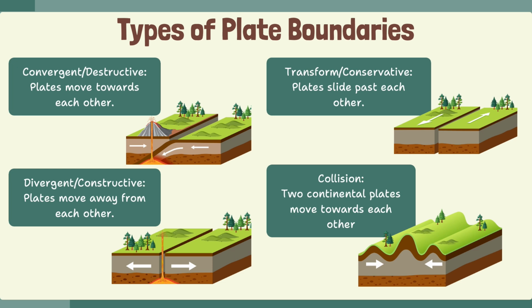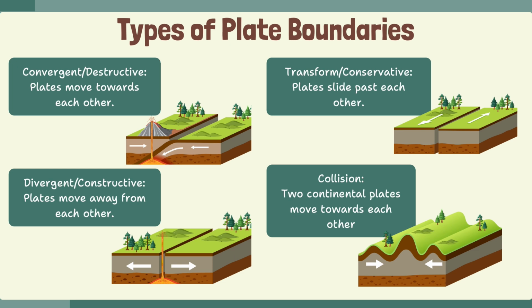So essentially, convergent and collisions are the same thing in the sense that it's plates that are moving towards each other, with the difference being that collision is 2 continental plates.